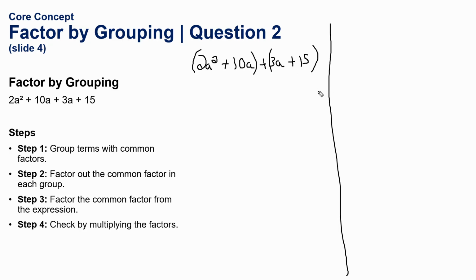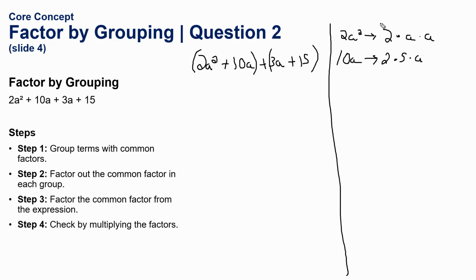So then I'm going to look at the greatest common factor of each. So if I look at 2a squared, this is really just 2 times A times A. And then if I looked at 10A, this would be 2 times 5 times A.